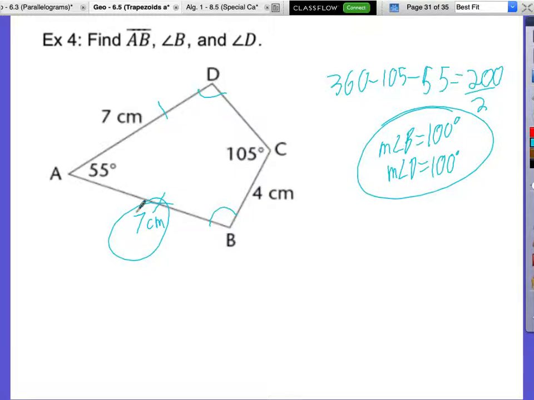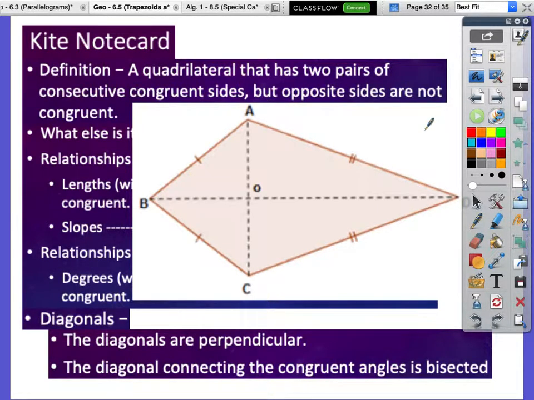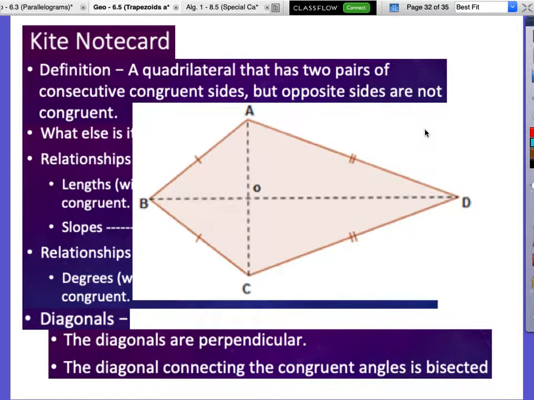Okay. So, going on to the next slide. Under note card, we have the same drawing here. So the diagonals are perpendicular, and the diagonal connecting the congruent angles is bisected. So two things. First, they're perpendicular.